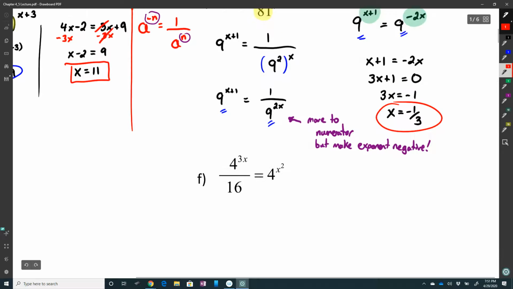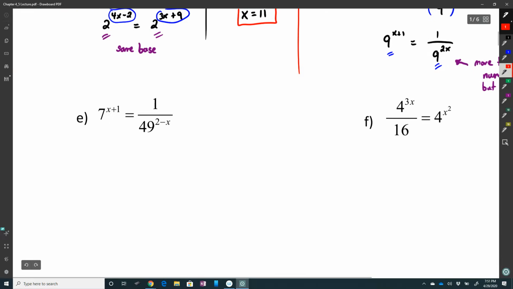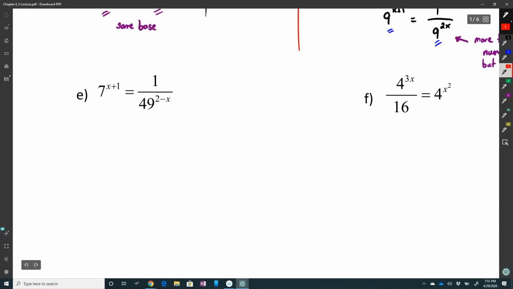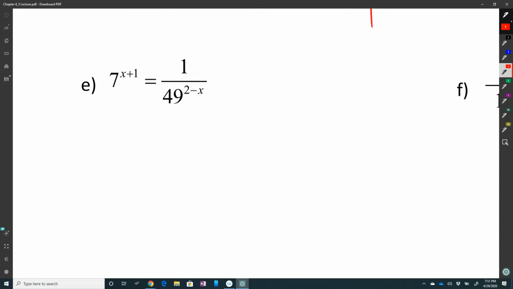Two more. So this is pretty much the same idea that we just did, except now it's with 7s instead of 9s. So let's do what we did. I know that we have 7 and 49, where this is 7 to the 1, 7 squared.